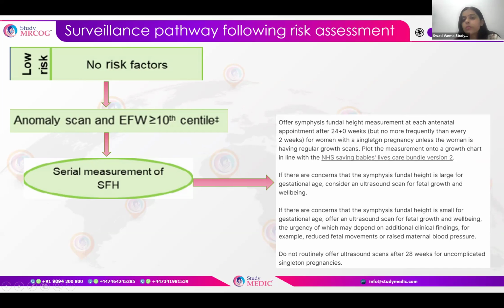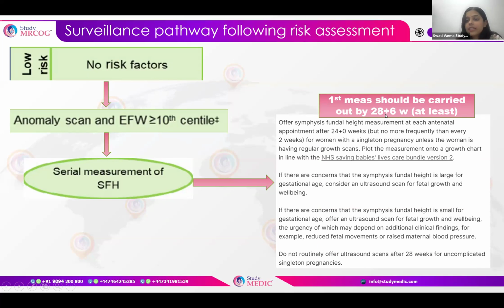So here I have written from NICE guideline what routinely is done: offer SFH measurement at each antenatal appointment after 24 weeks for women with singleton pregnancy. And if there are concerns that the baby is large, LGA, then ultrasound is suggested. Similarly, if there is concern for fetal growth and well-being, that SFH is small, then again the lady is referred for further monitoring.